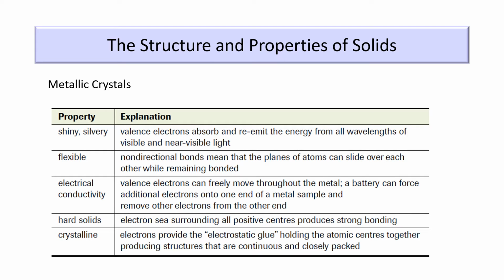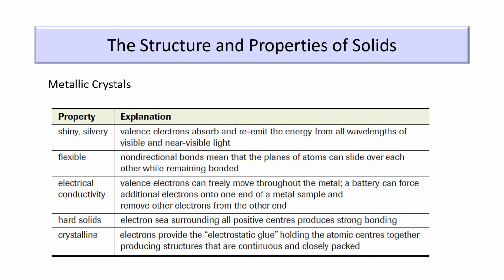Here we have some properties of metallic crystals. Shiny and silver: valence electrons absorb and re-emit the energy from all wavelengths of visible and near visible light. Flexible: non-directional bonds mean that the planes of atoms can slide over each other while remaining bonded.